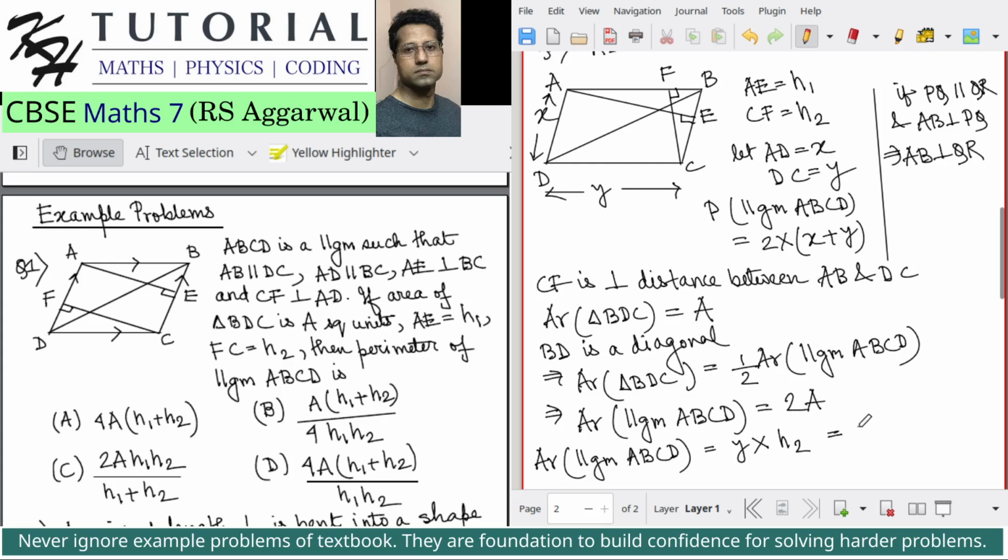This is equal to twice A, so y is equal to twice A by H2.